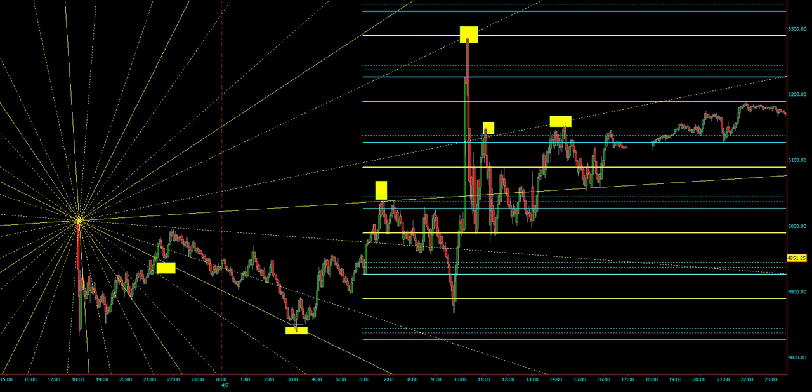So from the low, we have 1, 2, 3, 4. It did not complete the 5th cycle, it is still 4. And then it hit the 5, 6, and 7.